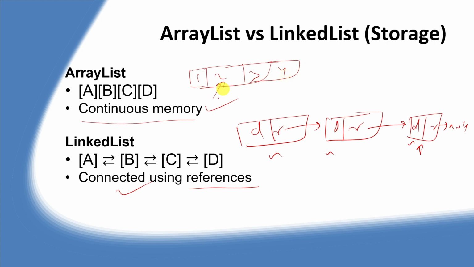If I want to remove an element, then this value will get removed, but the elements after it need to be shifted left. So this is an extra step it needs to follow. Whereas in a linked list, there is only a change of references in between, and nodes can be inserted, updated or deleted. So because of this, a linked list performs insertion and deletion more efficiently, once the position is reached.